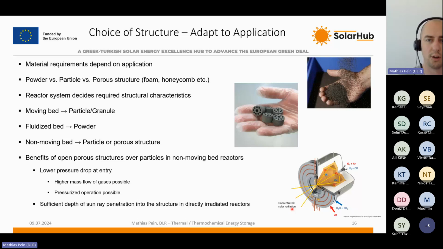You don't want to move hot particles or hot materials, but you want to move gases, which makes it much easier to supply the heat to the industry, but also to produce electricity from it.